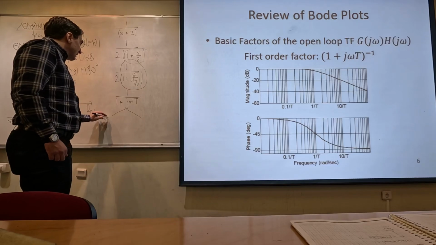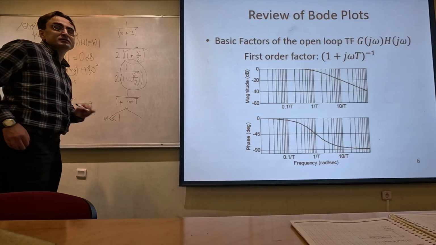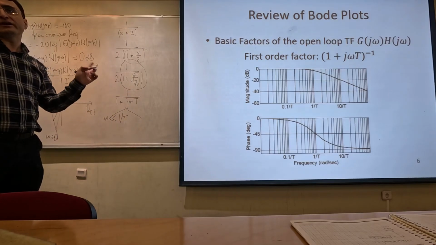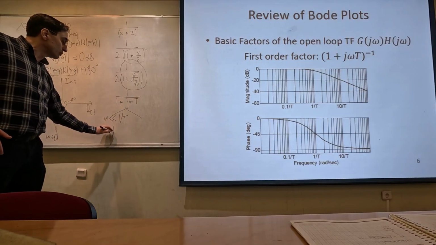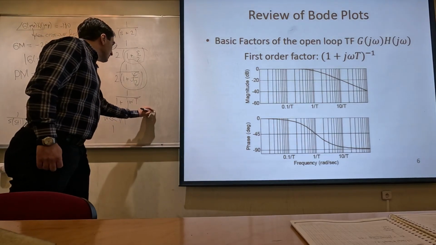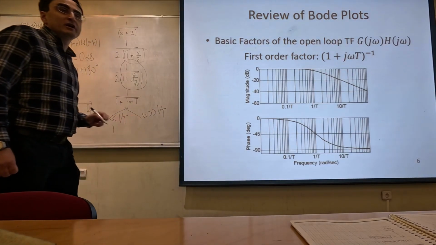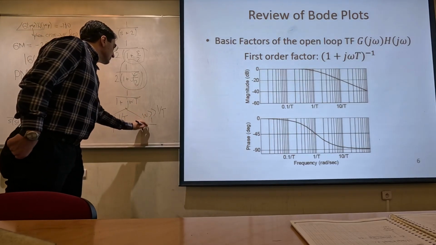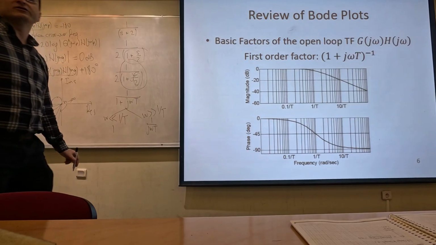If omega is much smaller than the corner frequency, we're going to assume that this thing is almost exactly equal to 1. Okay? And if omega is much larger than 1 over t, we're going to assume that this thing is approximately 1 over j omega t.